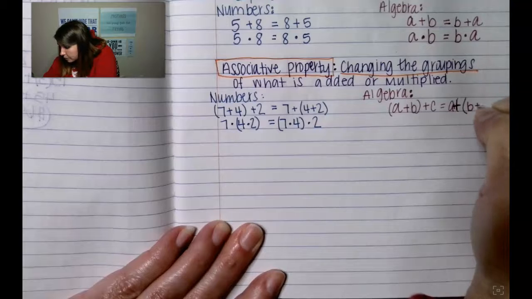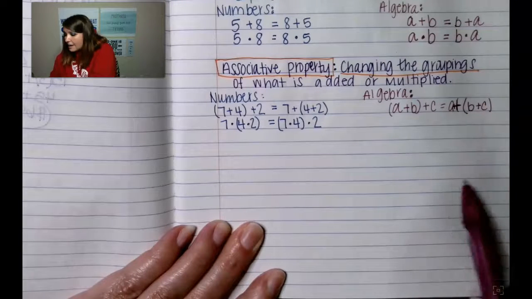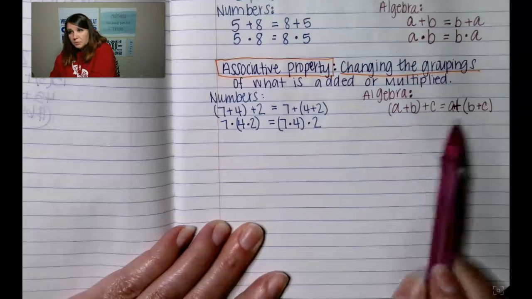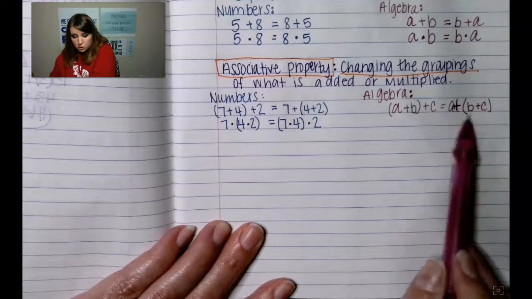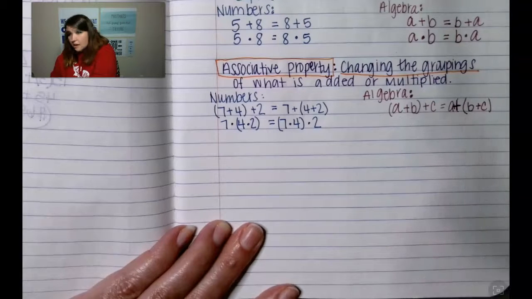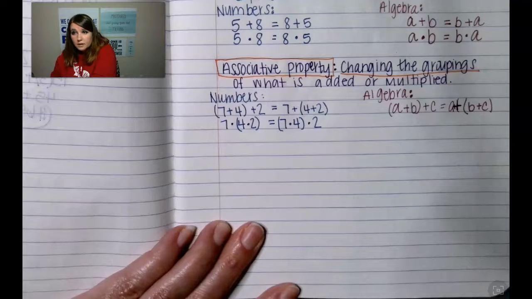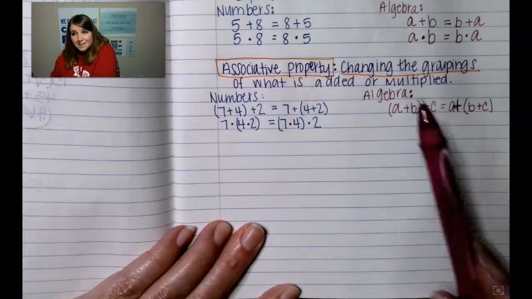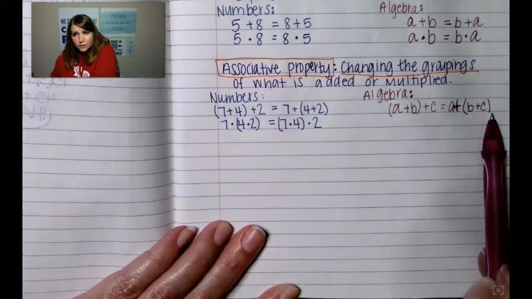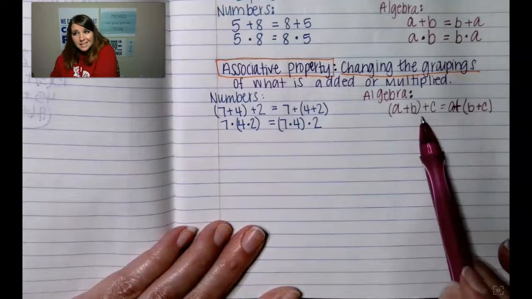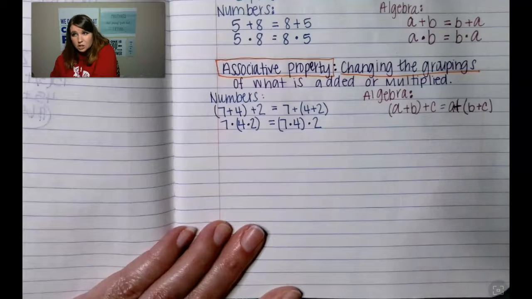A plus B plus C. I moved my grouping symbols from the first set of letters to the second set of letters. It's the same. It doesn't matter if I add A plus B first or B plus C first. I'm going to get the same answer because it's all addition.